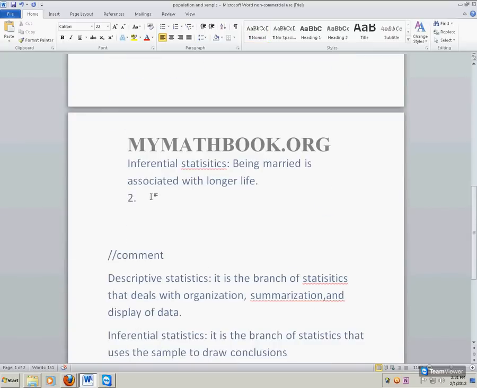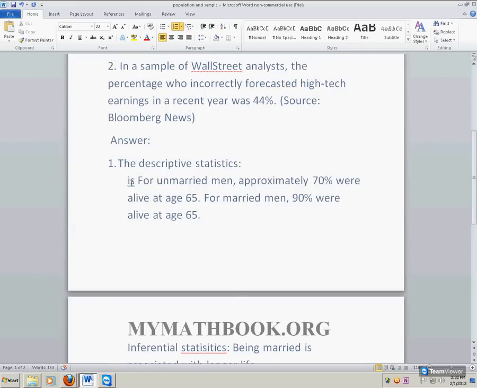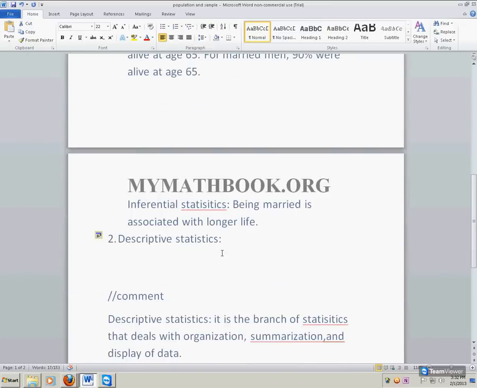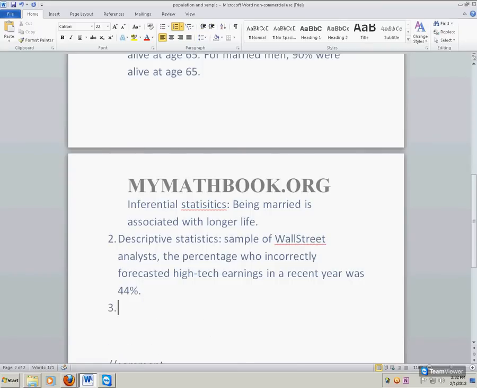So for the second question, descriptive statistics will be: a sample of Wall Street analysts, the percentage who incorrectly forecasted high-tech earnings. The whole of this will be descriptive statistics.